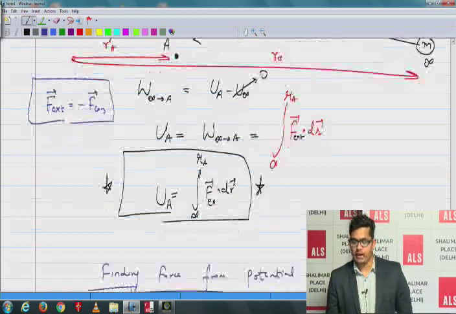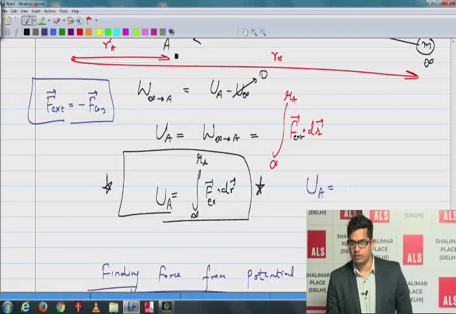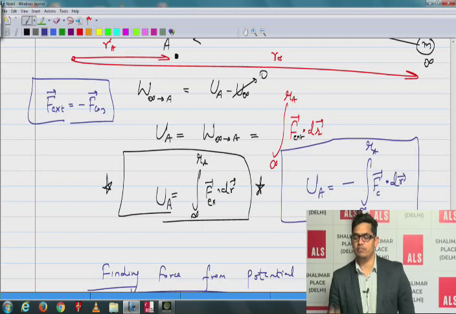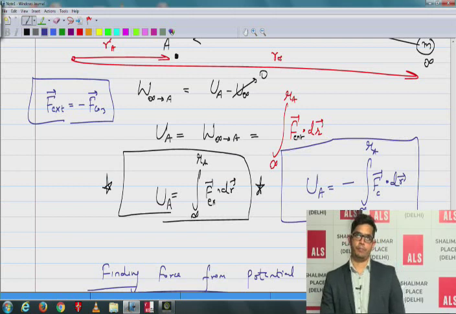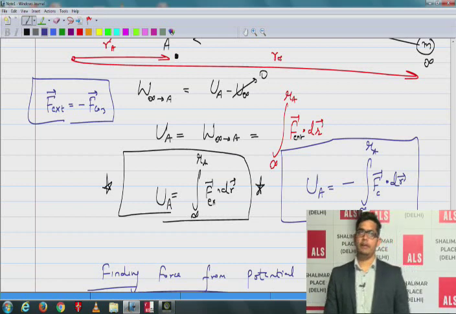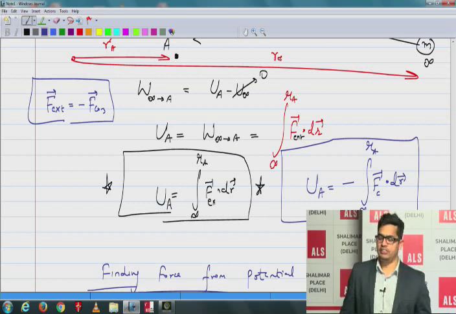Because of that, I can write potential energy at A is equal to negative of integral from infinity to r_A of F conservative dot dr. So when you define it in terms of conservative force, you will attach a negative sign. Is that clear?